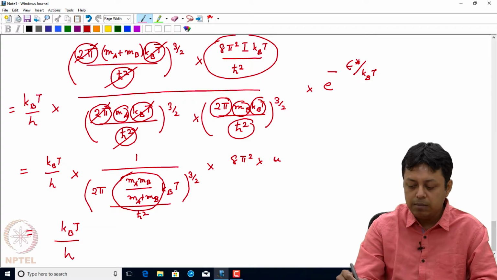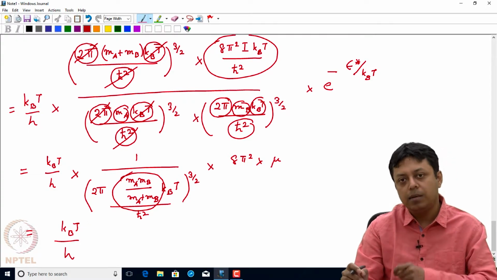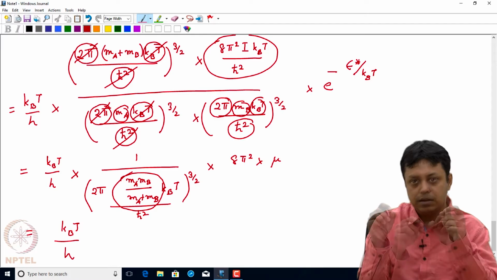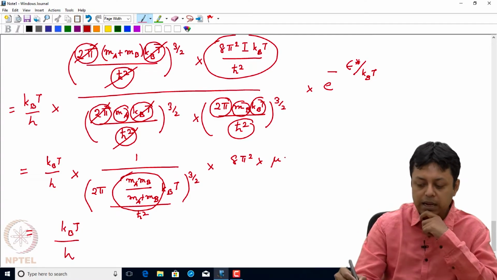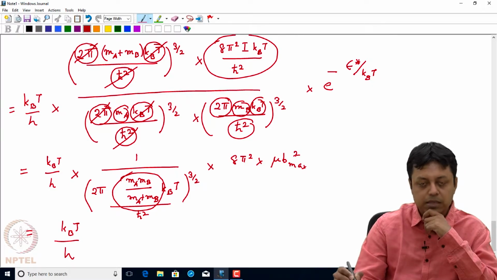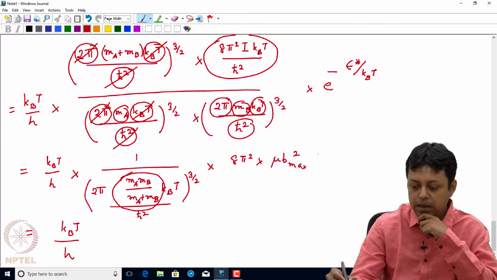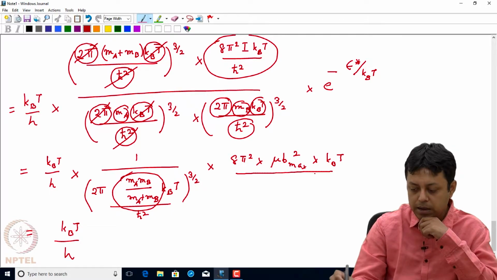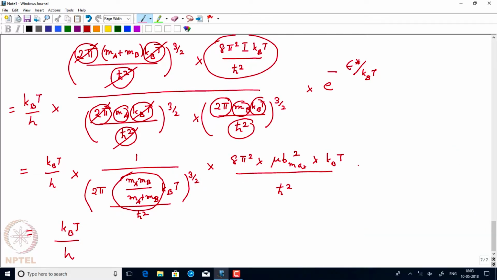I is basically mu times r squared, where r is the radius of gyration, and for this system that is Bmax. So it is mu Bmax squared, times kBT divided by h bar squared, times e to the power minus E star by kBT.